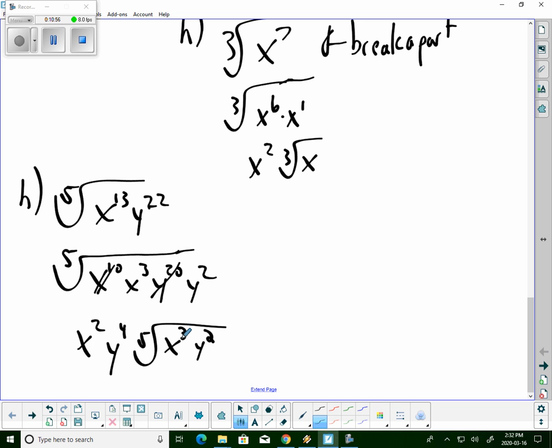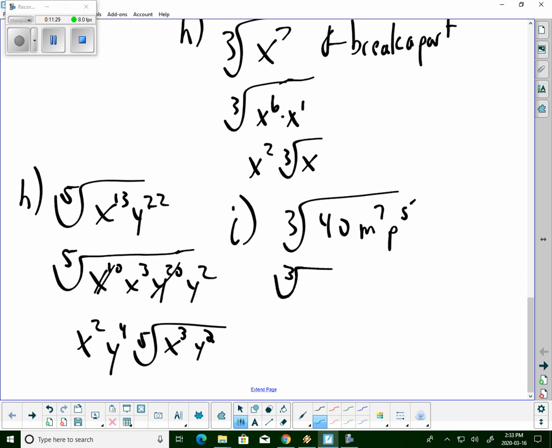One more. Okay, so the cube root of 40 m to the 7 p to the 5th power. So now there's even numbers involved. How can we break this apart?